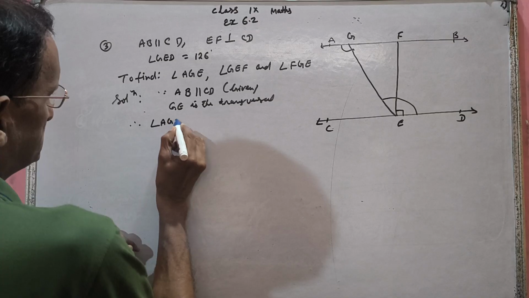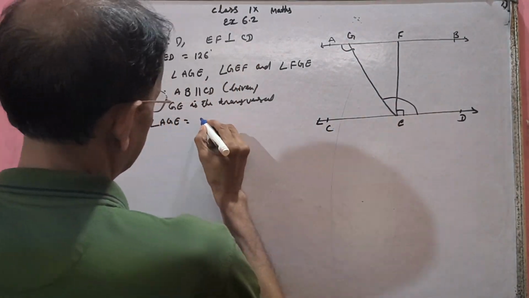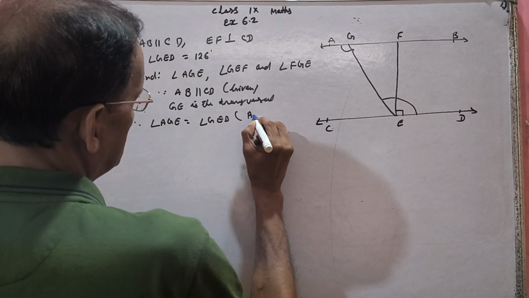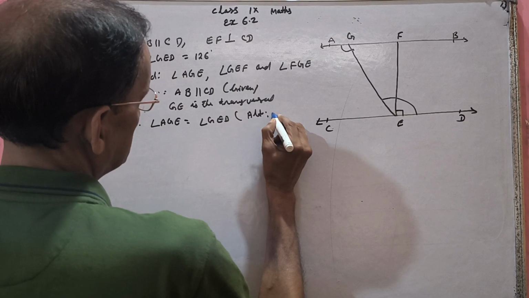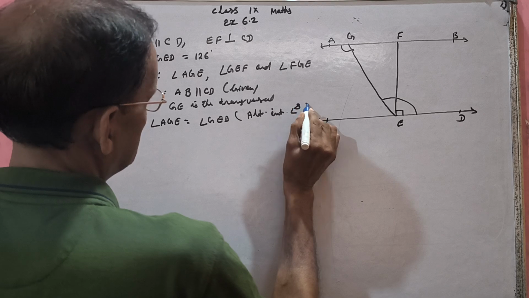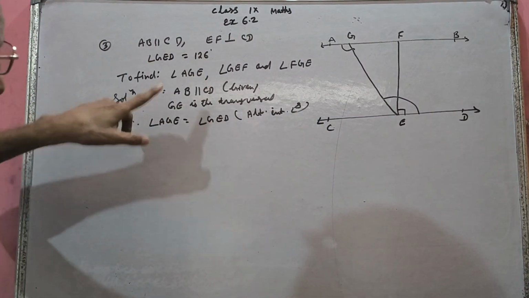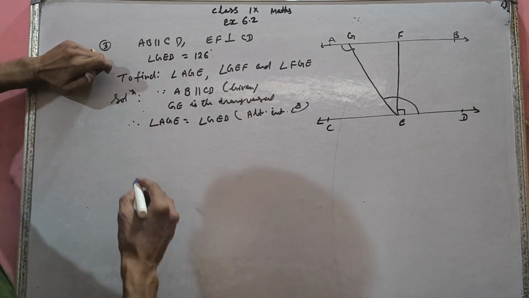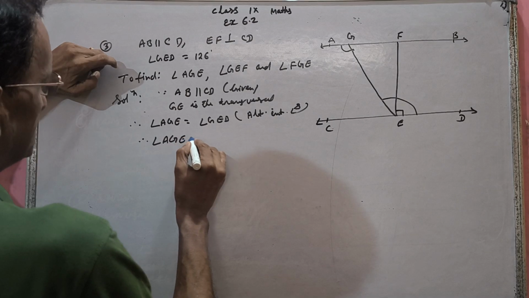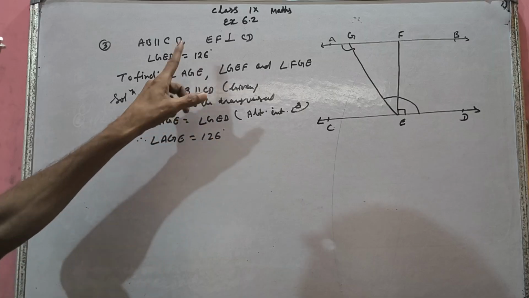Therefore, angle AGE is equal to angle GED, because they are alternate interior angles. But see here, GED is given 126 degree and AGE we have to find. So very simple. Angle AGE is equal to 126 degree. Understood? Since GED is already given.